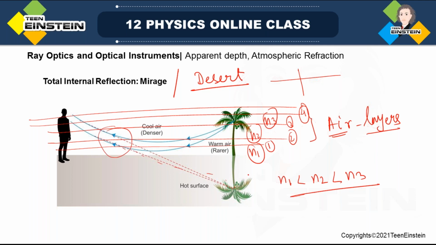Like in the water surface of your pond, sometimes you see the image is moving or shifting. Exactly what happens on the water surface we see on the ground or on the sand of the desert. And sometimes in very hot summer we see this kind of illusion even in our normal places, on the roads also. So this happens because of total internal reflection.